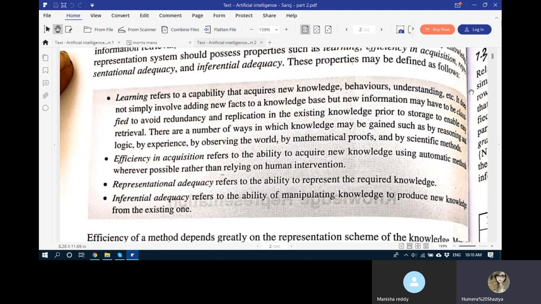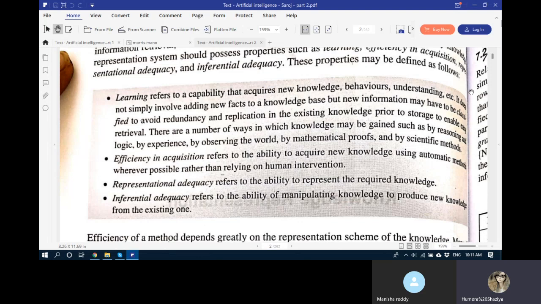Learning, as you know, even human beings learn. Learning is the capability to acquire new knowledge, behavior, or understanding. Consequently, human beings get to know something new after learning. Likewise, machines must be able to learn. How?